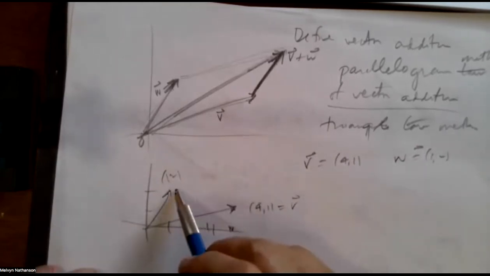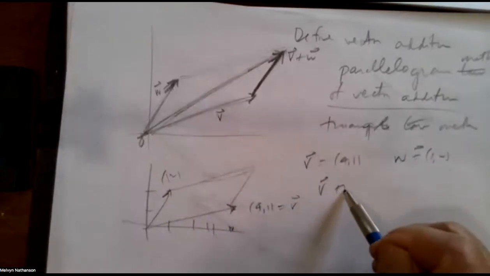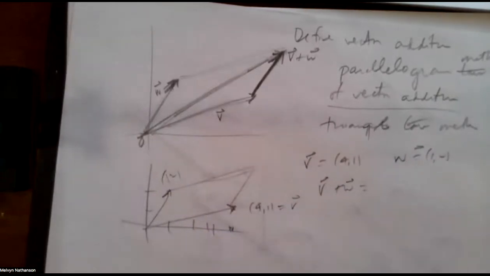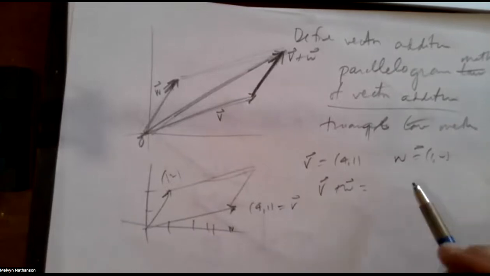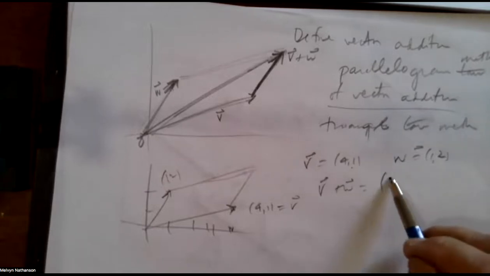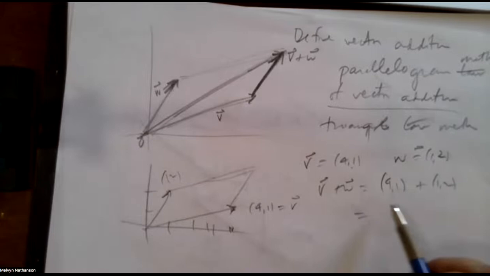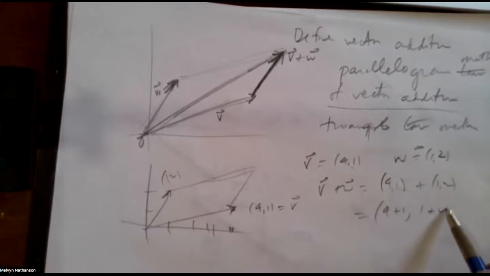What happens when you add these vectors? Well, in fact, V plus W is exactly what you get when you take the sum of the coordinates. So (4, 1) plus (1, 2). You add the 4 and the 1, you add the 1 and the 2, and you get (5, 3).